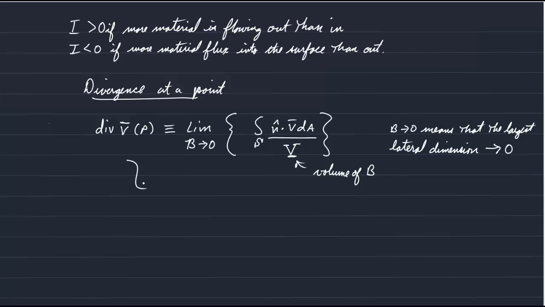Divergence is again the outward volume flux divided by volume.